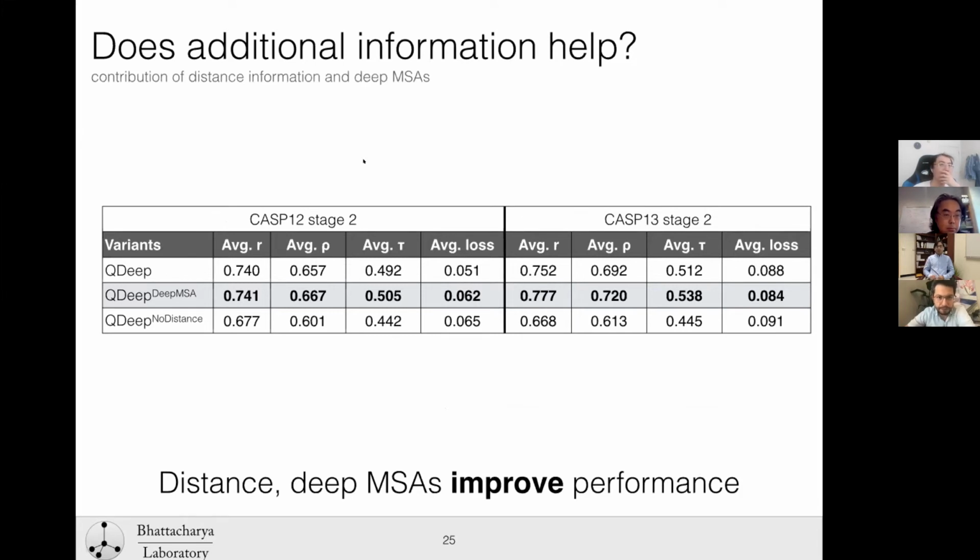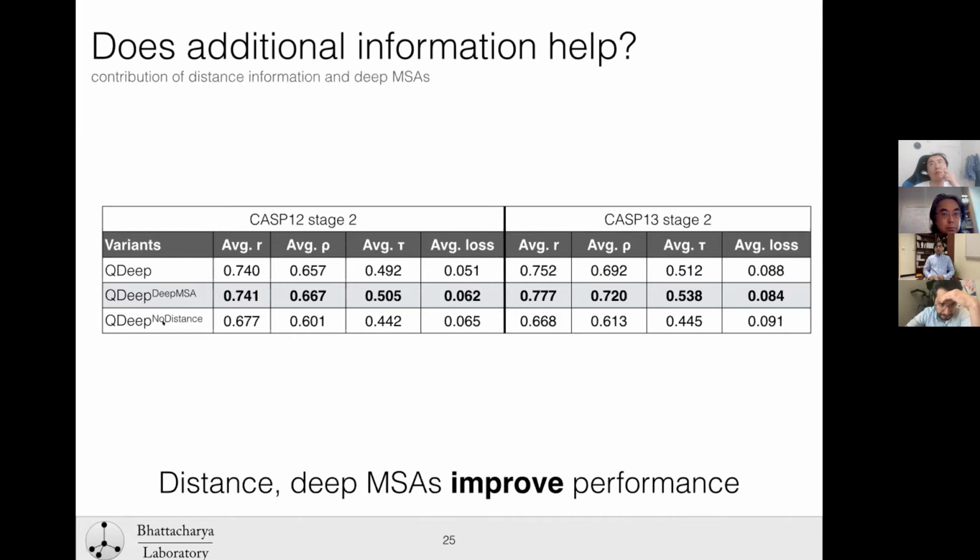We also investigated whether additional information can help. To study that, we used deep profile information coming out from the deep MSA method, which includes the metagenomic sequences, and plugged that information into QDeep. And we observed that the quality estimation performance of QDeep gets further improved when we plug in metagenomic sequences from the deep MSA method, demonstrating that additional information such as deep multiple sequence alignment further improves the performance.